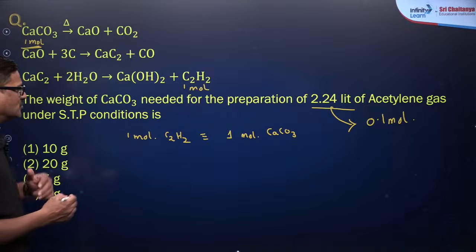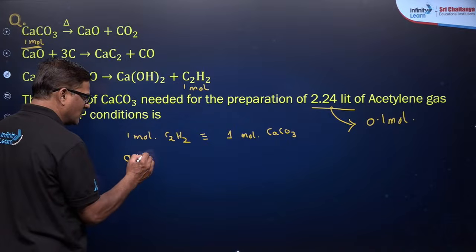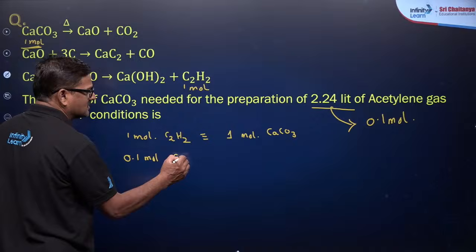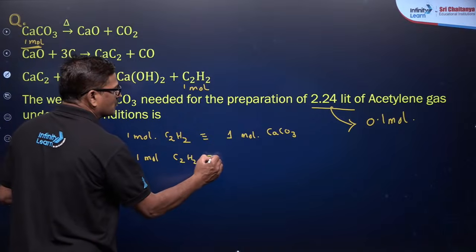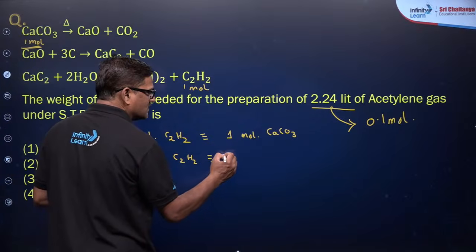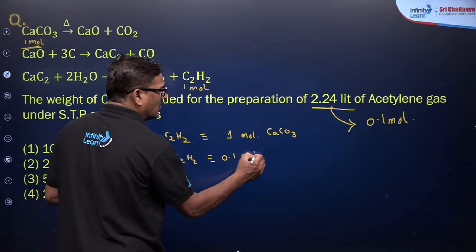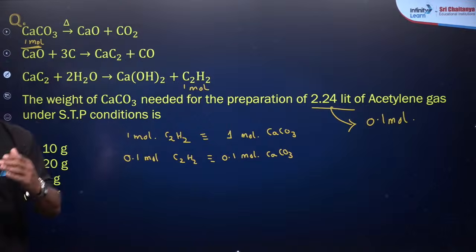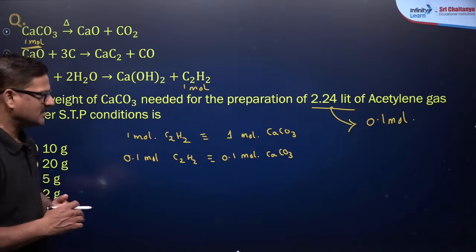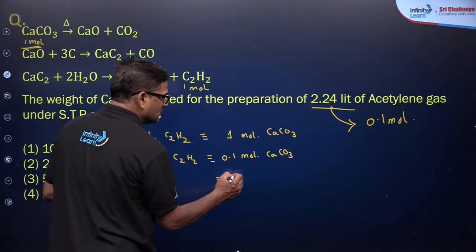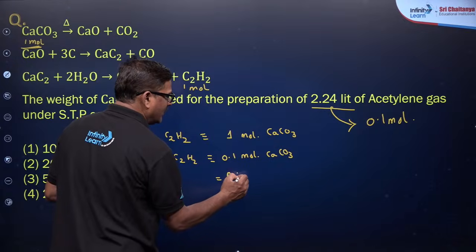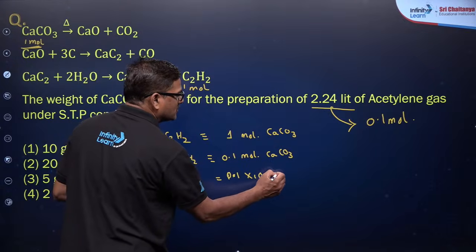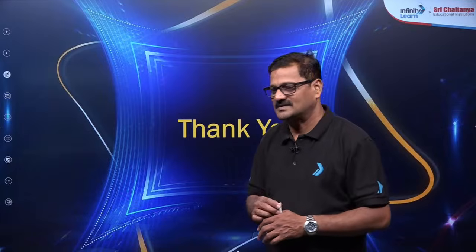So 0.1 mole of acetylene should form from 0.1 mole of calcium carbonate. The molecular mass of calcium carbonate is 100, so 0.1 into 100 grams.